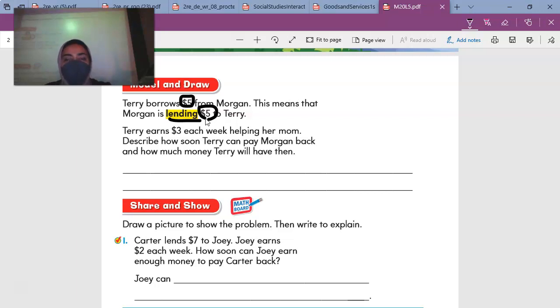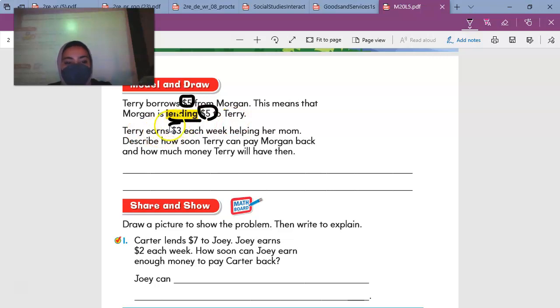So if Rena is borrowing from Miss Yusuf, who's the lender? Who's lending? Miss Yusuf. And who's the borrower? Who's borrowing? Rena. I'm the lender. She's the borrower. In this case, Terry is the borrower, and Morgan is the lender because Morgan is lending $5 to Terry.